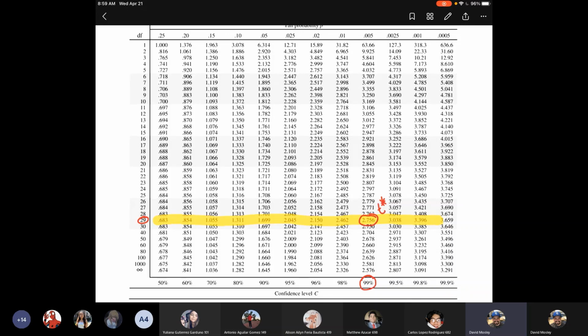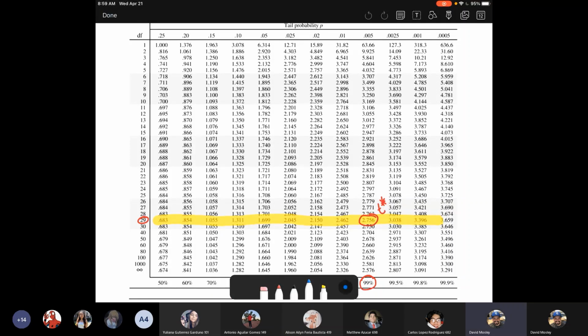All right, and it looks like 2.453 is going to be somewhere in between 2.150 and 2.462. Right, so we're going to be between those two values, which means that our p-value lies between 0.01 and 0.02.